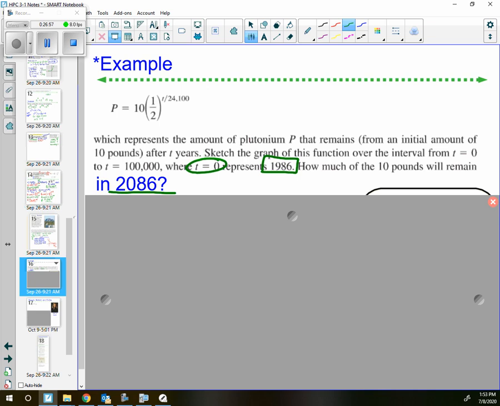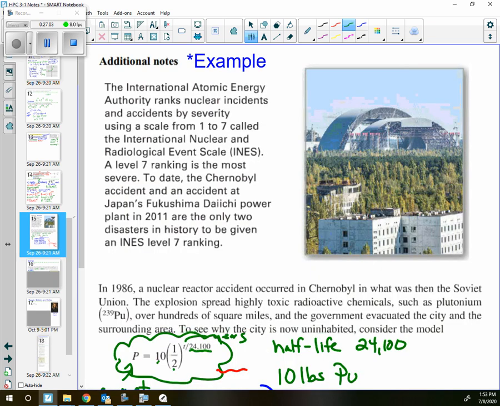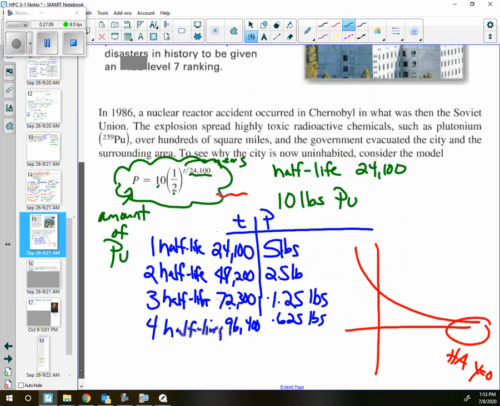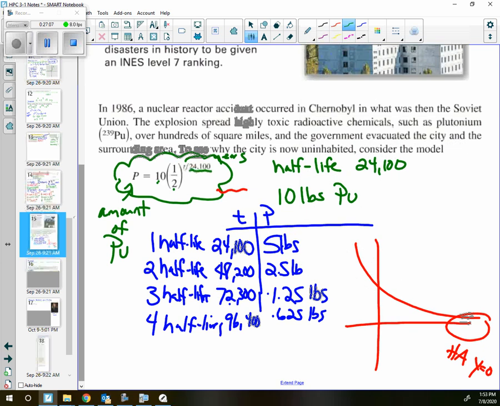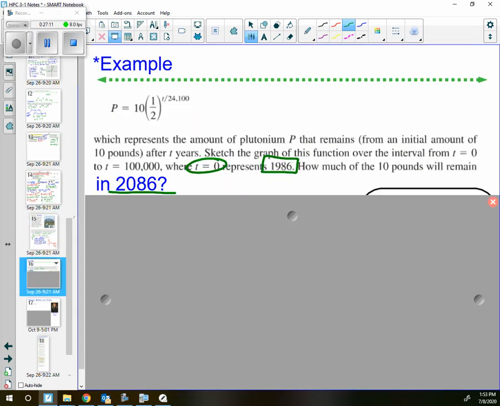We're starting with 10 pounds. We know it's decaying, and we did a little table. It took 24,000 years to get down to 5 pounds. I'm asking you for 2086. How many years after 1986 is 2086?